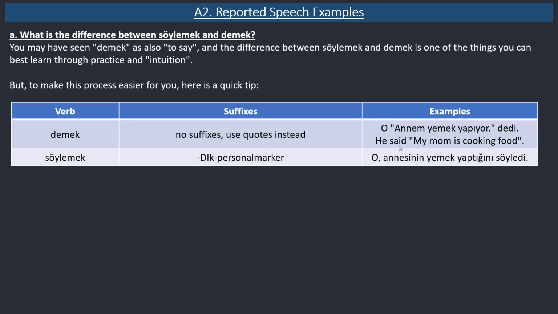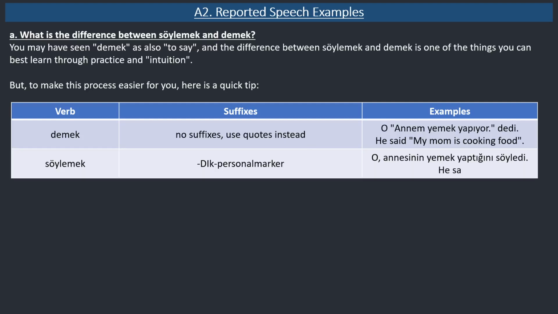But if you change the quoting mark instead into like he said that his mom is cooking. Now, at least in English, you can see the difference. He said that his mom was cooking. Now, this is a different sentence structure. So like my mom changes into his mom, and that's how we change it into Turkish.